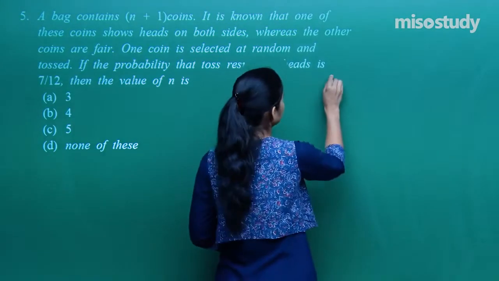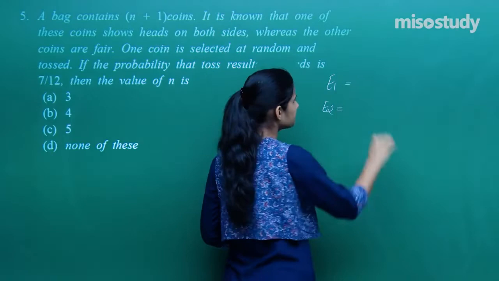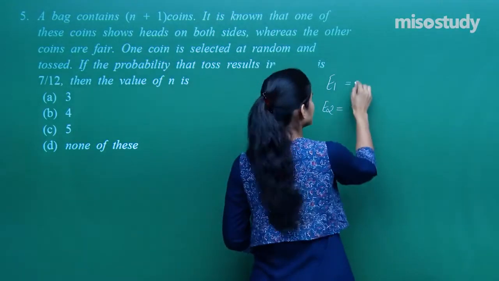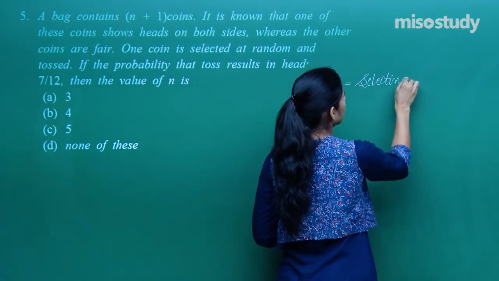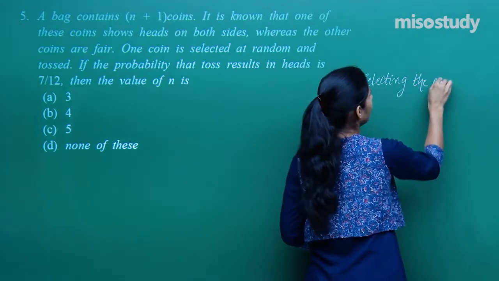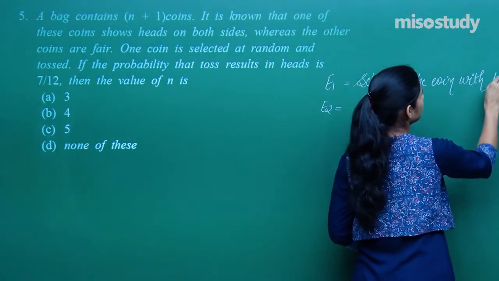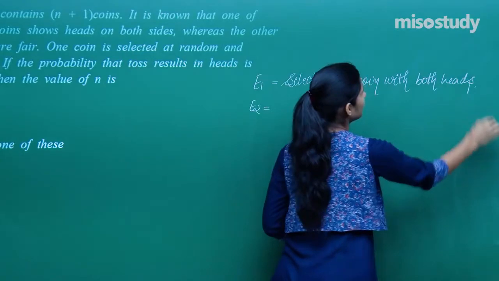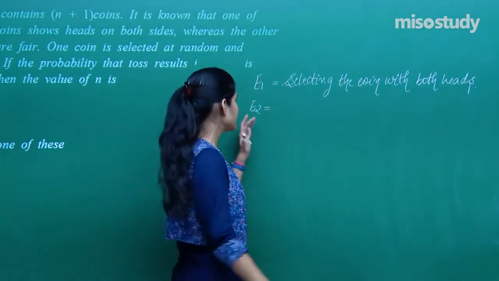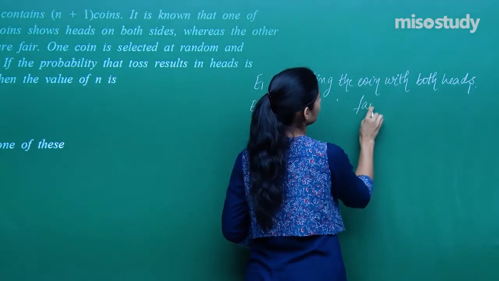Okay, so if I define two events, that E1 is the event of selecting the coin with both heads. So both the faces have heads written, whereas E2 is selecting the fair coin.